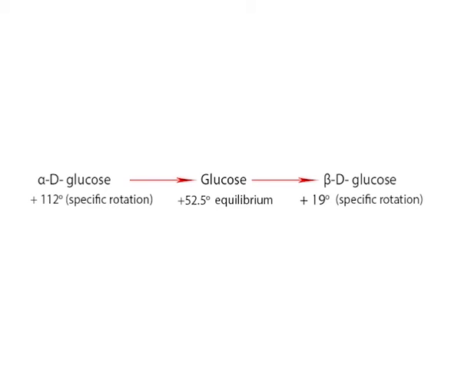But after 12 to 18 hours, it changes to plus 52.5 degrees. If the initial crystallization takes place at 98 degrees Celsius and is then solubilized, the specific rotation is found to be plus 19 degrees, which also changes to plus 52.5 degrees within a few hours.